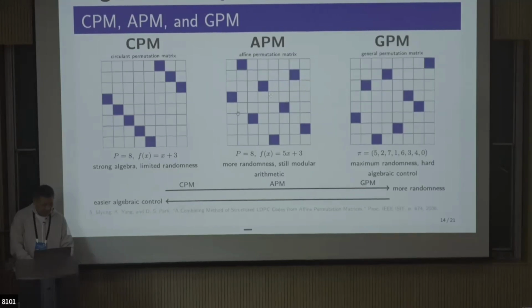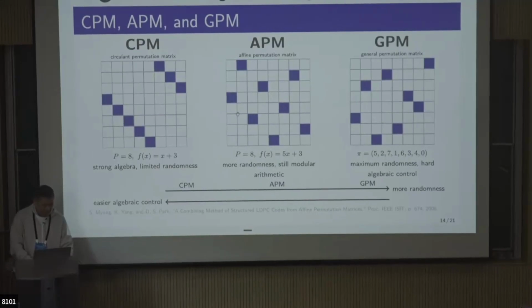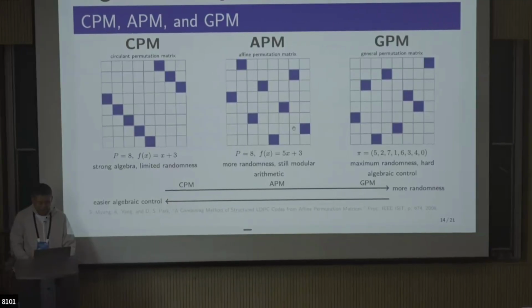They are affine permutation matrices, so they give more randomness than the CPM, while preserving the modular arithmetic checks. This compromise is why we use APM here. APMs are therefore a representation choice: sparse and checkable, but still more flexible than the pure circulant blocks. So with APM, we can control the commutativity and the non-commutativity between two matrices.